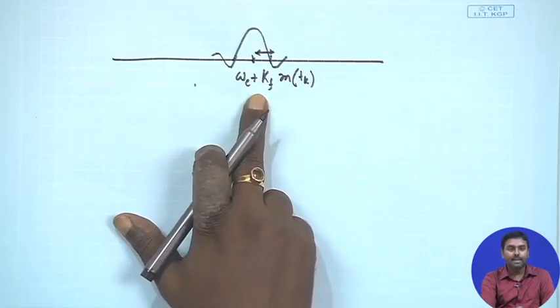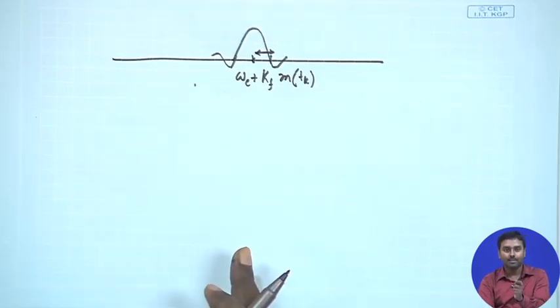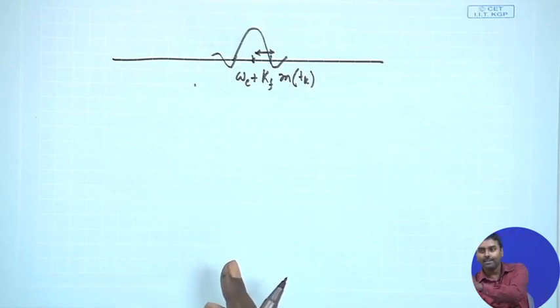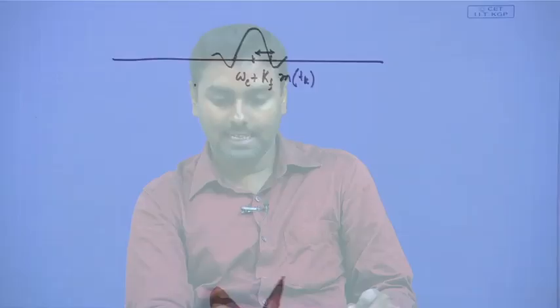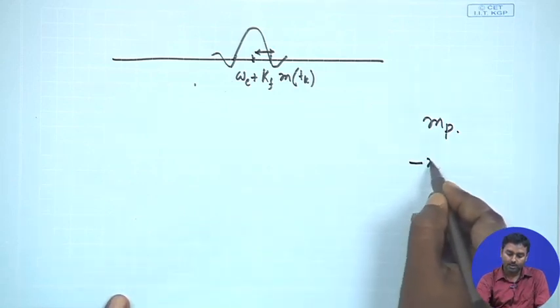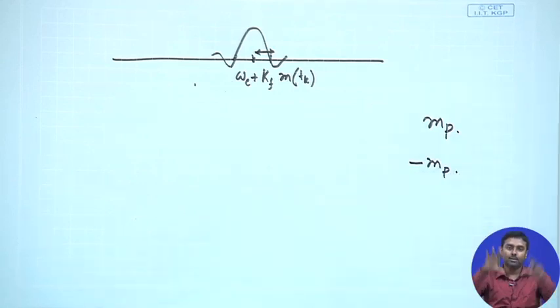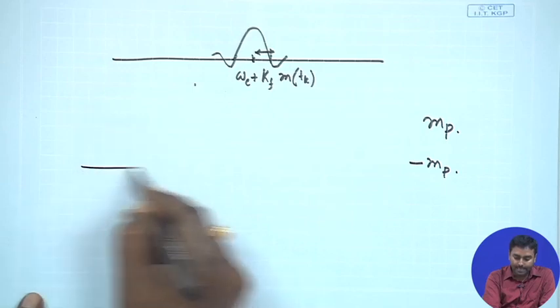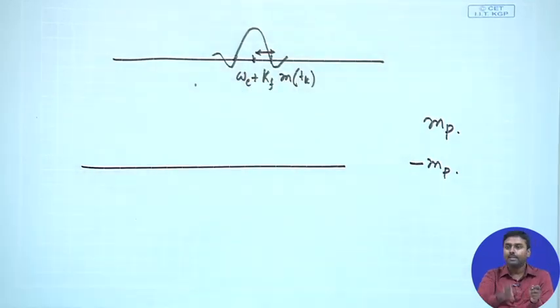What is the maximum that I can get over this center frequency? That should be the maximum voltage that the signal can get, let us call that MP, and the minimum voltage, let us call that minus MP. So the overall signal just swings up to a maximum of MP and a minimum of minus MP. If that is the case, this entire frequency domain will be populated with so many of these sinc functions. At every instant I will be getting a corresponding sinc function.